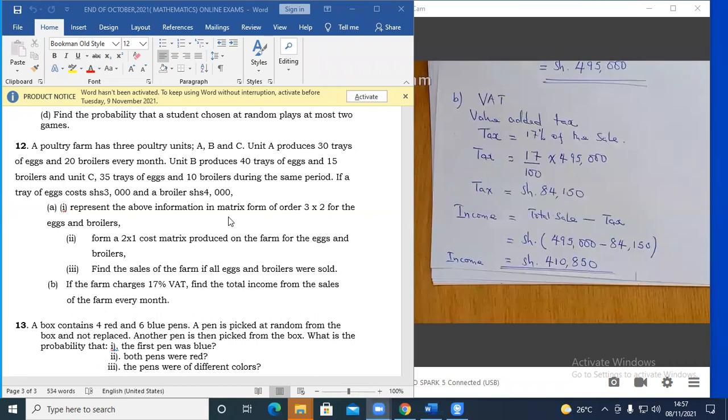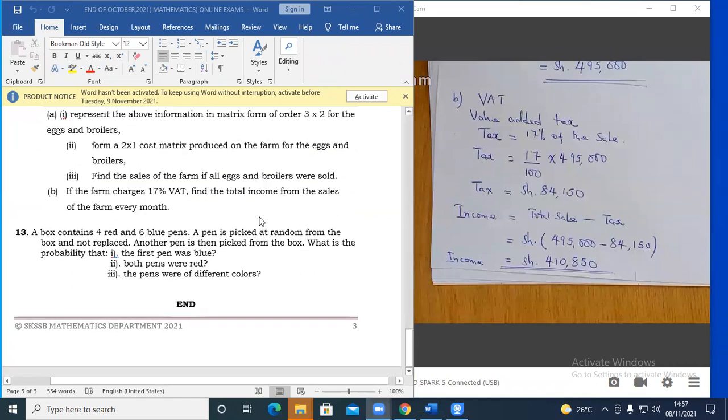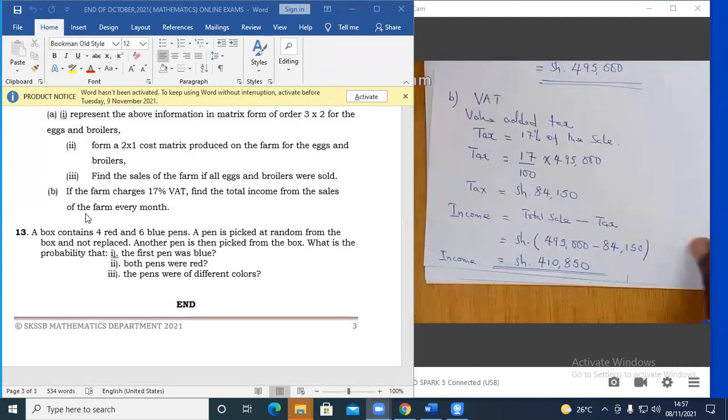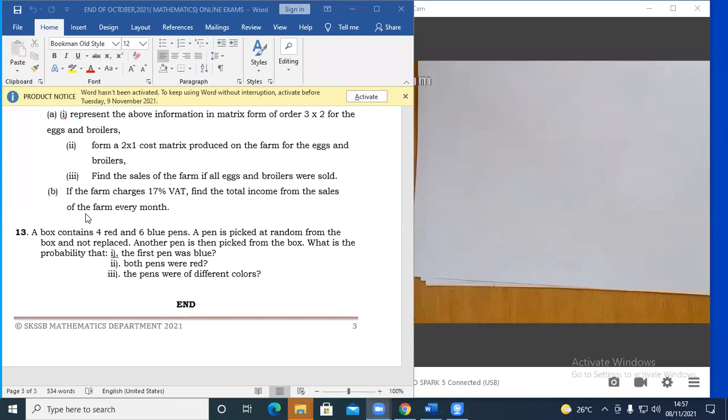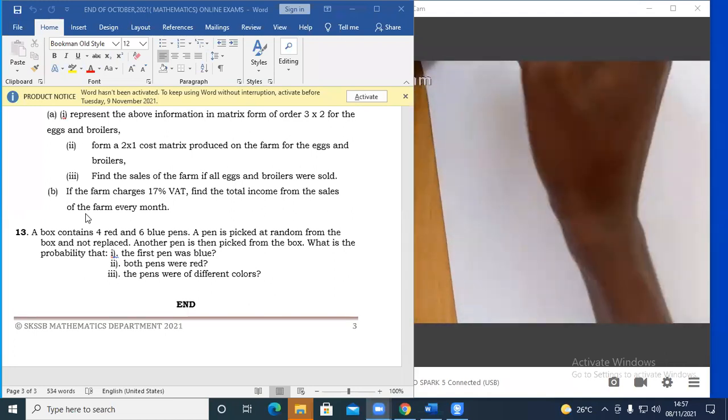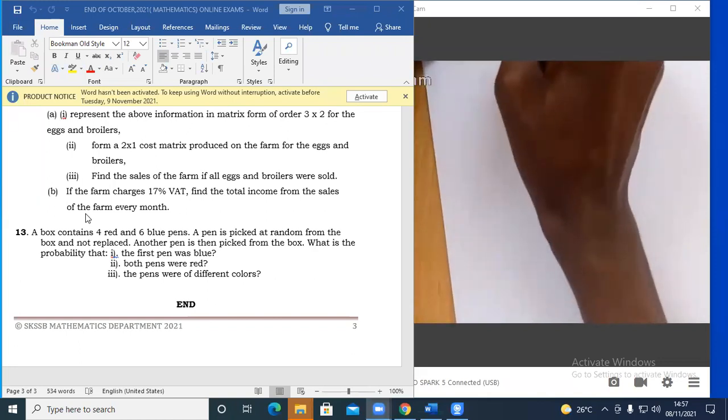All right, let's summarize with number 13, the last question there. Question 13 is coming from which angle? It's coming from probability.